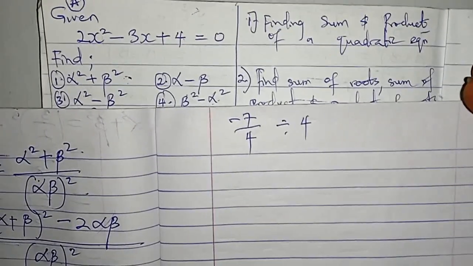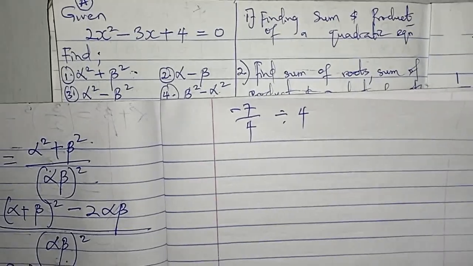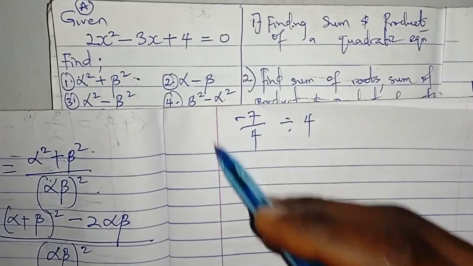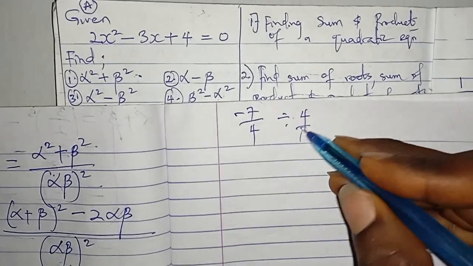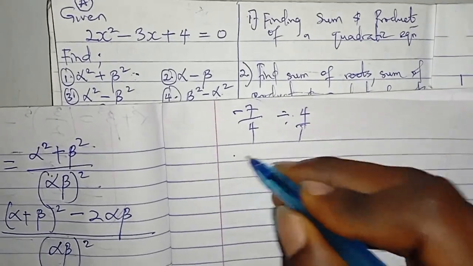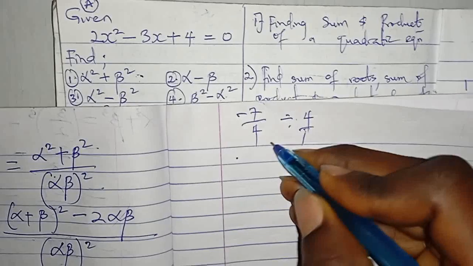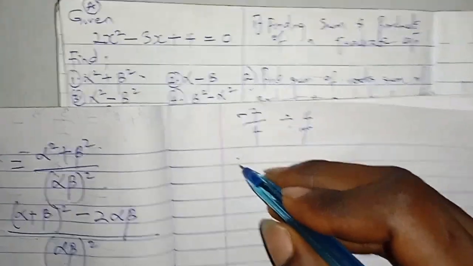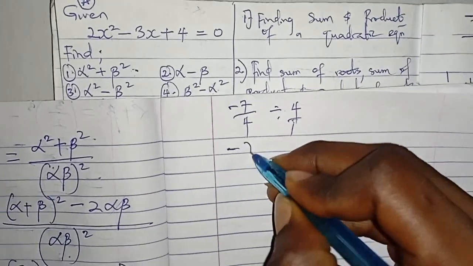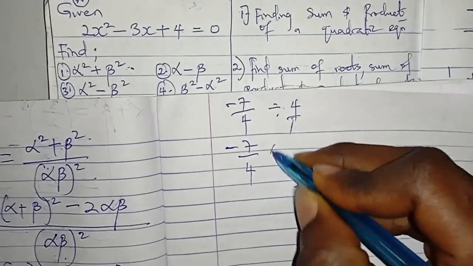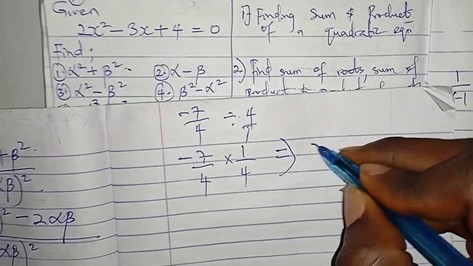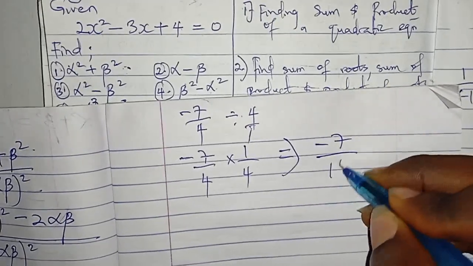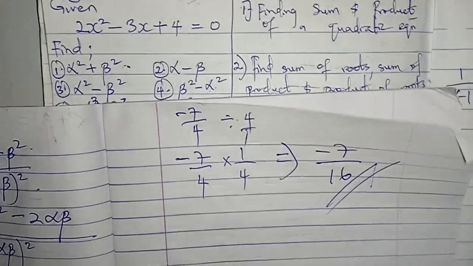Everything there is the numerator being divided by this. Don't mistake it. So this should be minus 7 over 4 times 1 over 4, which is the same thing as saying minus 7 over 16 as my answer.